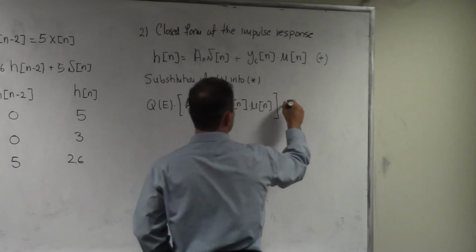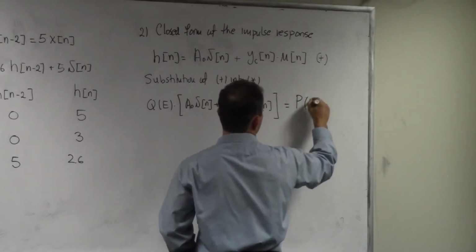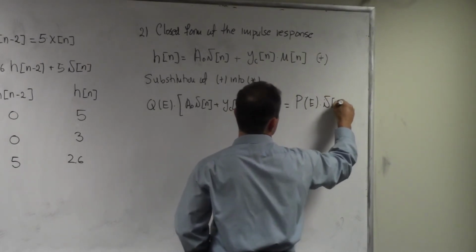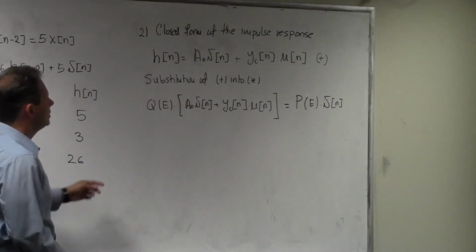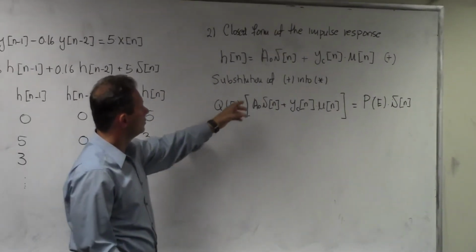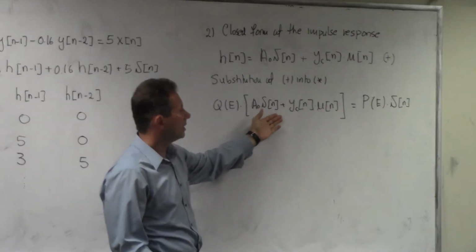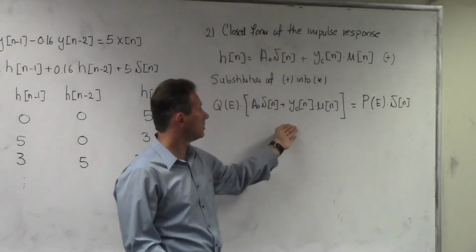It needs to be equal to P of E, now applied to my input, which is in this case delta of n. So what did I do here? I just took the form of my impulse response, put that as the output y, and then my input is an impulse. So an impulse will generate this kind of impulse response.